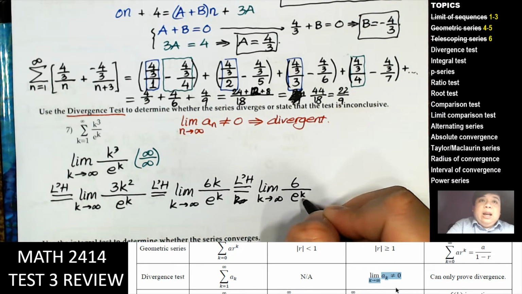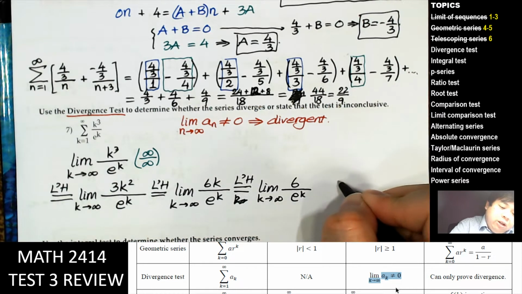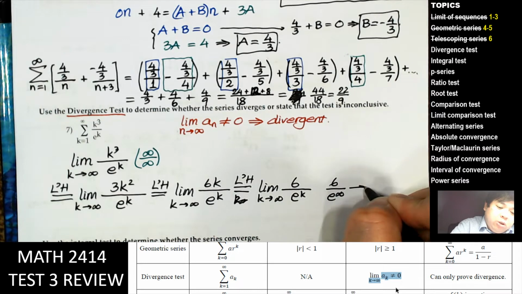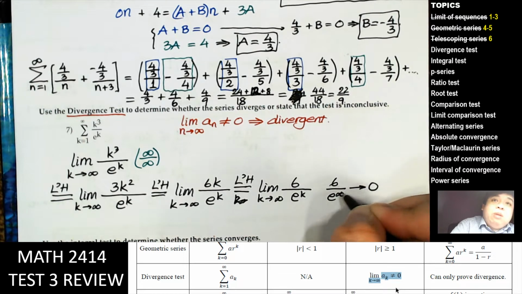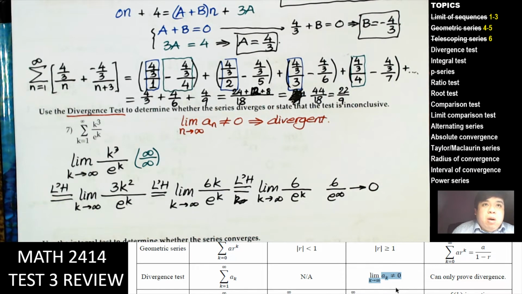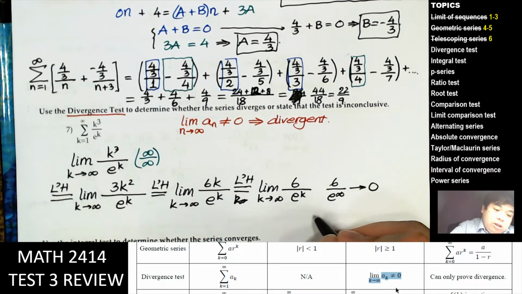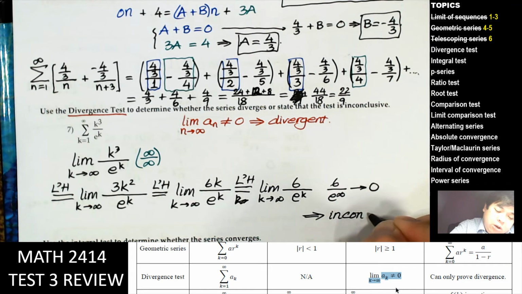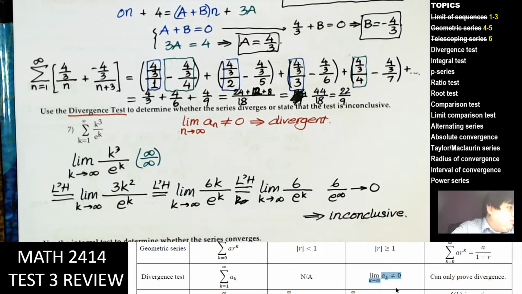Now when k goes to infinity, we have 6 over e to the infinity, which goes to 0. We have a finite number divided by infinity, so that is 0. So if it is 0, the test is inconclusive. We don't have that for convergent, I mean for divergent. So inconclusive.